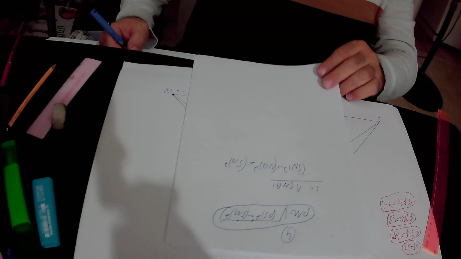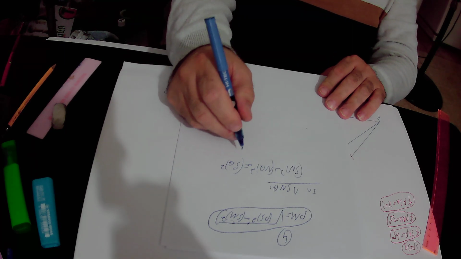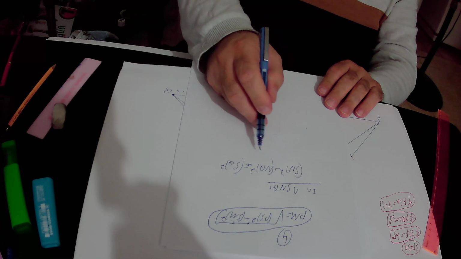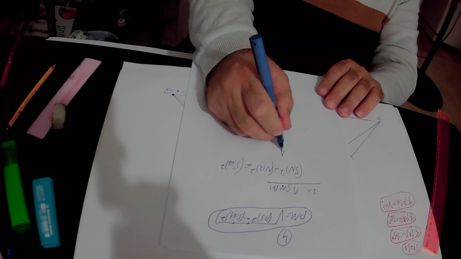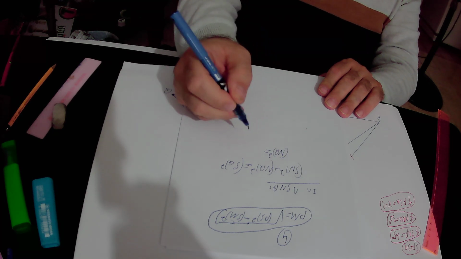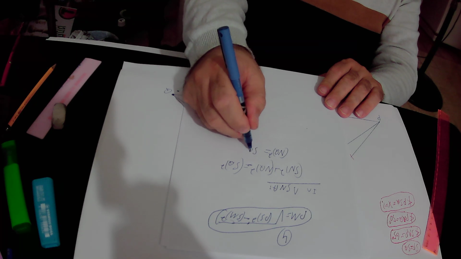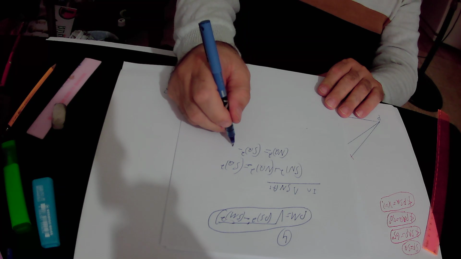Okay. So here we will subtract SN square from this equality, and we will get that NQ square is equal to SQ square minus SN square.